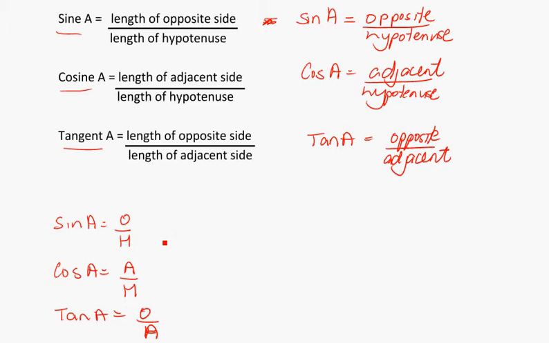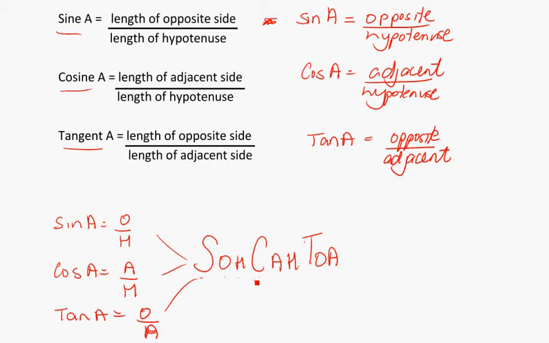And this is how, from these 3 trig ratios here, we get the mnemonic SOH CAH TOA. Now if you remember SOH CAH TOA, you'll remember the sine of the angle is the opposite over the hypotenuse, the cosine of the angle is the length of the adjacent over the length of the hypotenuse, and the tangent of the angle is the length of the opposite over the length of the adjacent.